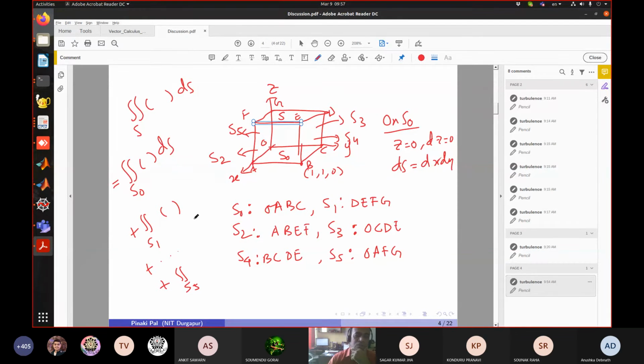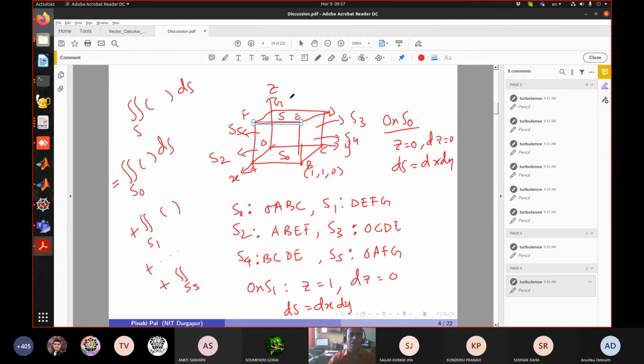Okay, so therefore you can calculate this surface integration on S0, and on S1 what will happen? Z is equal to 1 and dz is equal to 0. And what is your ds? It is on the plane parallel to the xy plane, therefore ds will be dx dy.